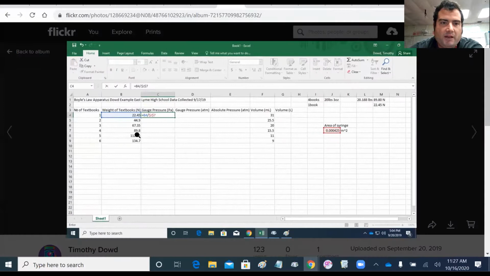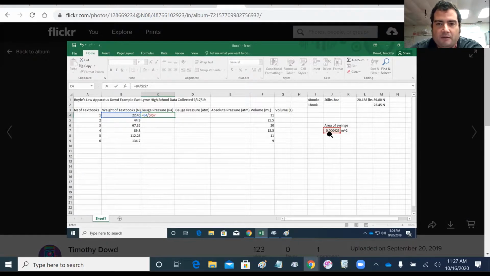So that gave me my weight of textbooks. Then to get pressure, I'm going to divide the weight that was on top of the syringe by the area of the syringe, which I calculated having measured the diameter and using pi r squared. Notice that I've put little dollar signs in front of the J and the 7. That just tells Microsoft Excel that as I drag down, I should always use this value and I shouldn't use any values below.